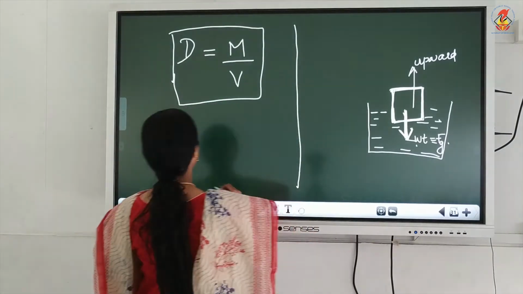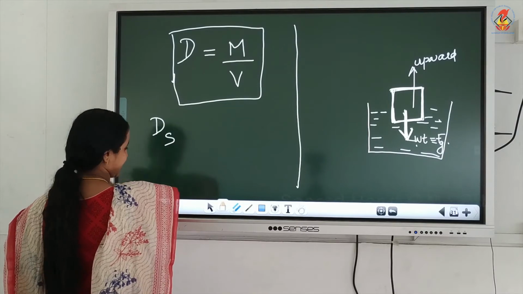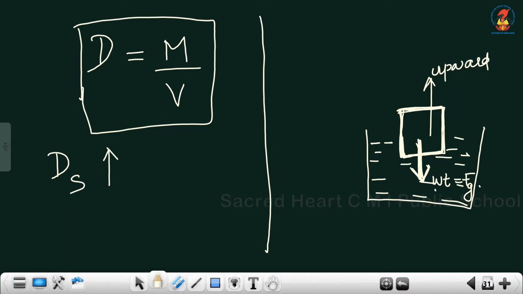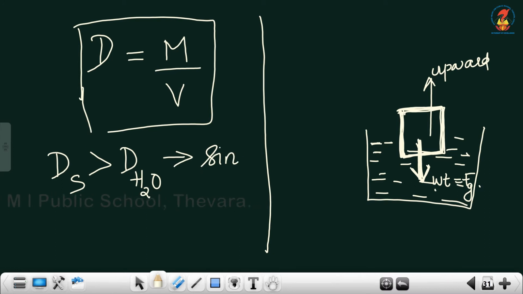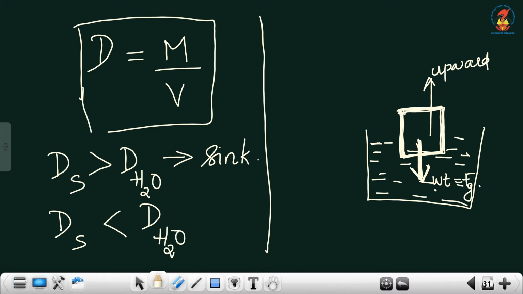Now, if the density of this object is greater than the density of the fluid in which it is immersed, the object will sink. If density of substance is less than the density of the fluid in which it is immersed, it will float.